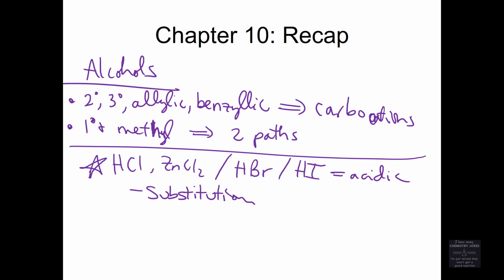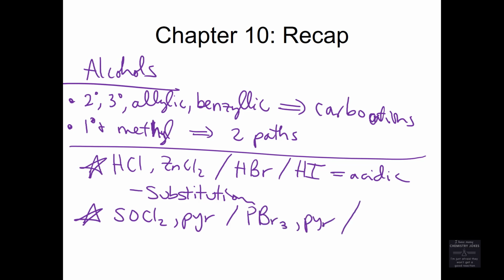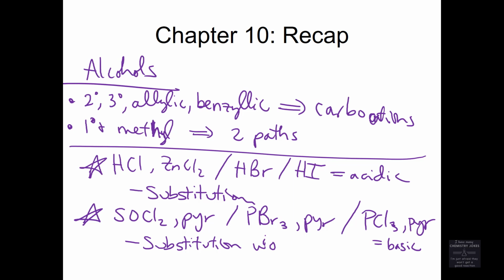If you add reagents like SOCl2 with pyridine, PBr3 with pyridine, or TsCl with pyridine, those are basic conditions. That changes the way things work. You do substitution via SN2 only.